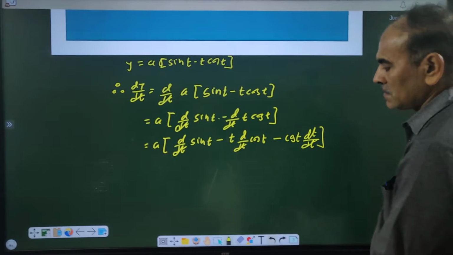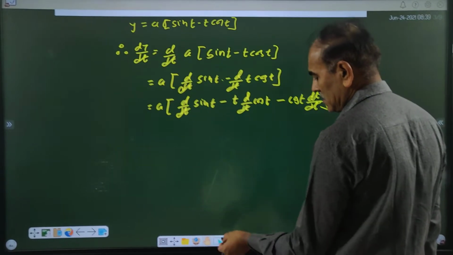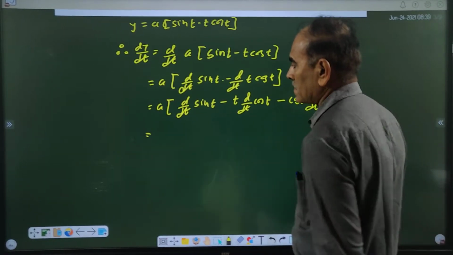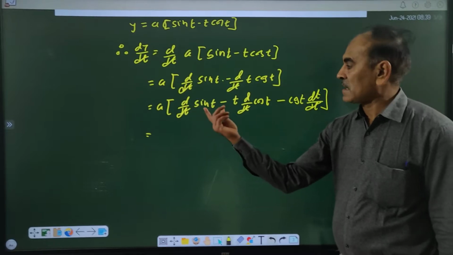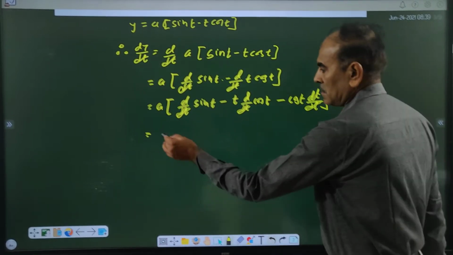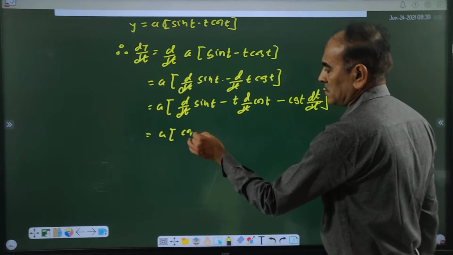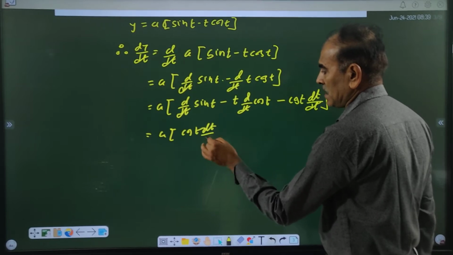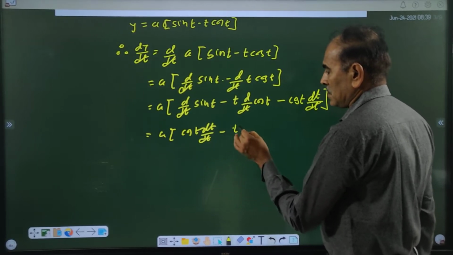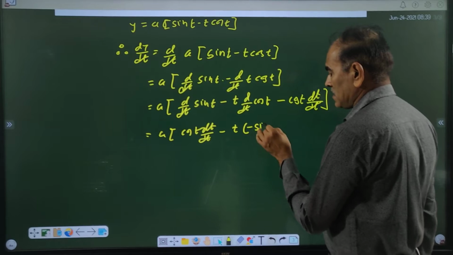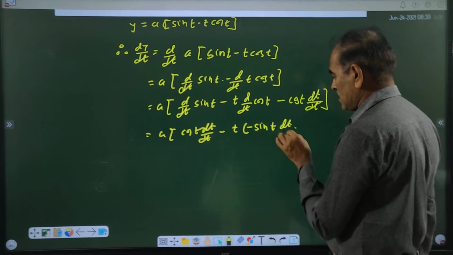Yes. So that is equal to: d by dt of sin t is cos t, minus t times minus sin t, plus cos t d by dt of t.